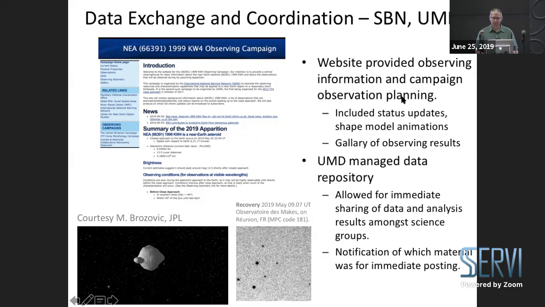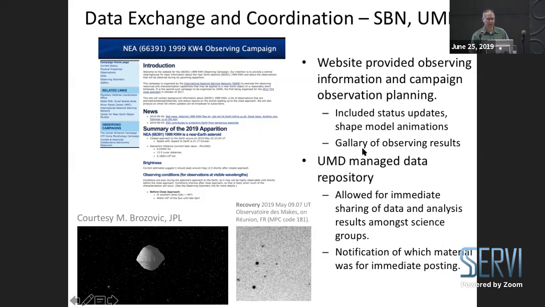We provide observing information and observing support, information plots and forms for planning the observing campaign and the different resources that are used in the campaign, galleries for observing results for those that wish to have their results posted.